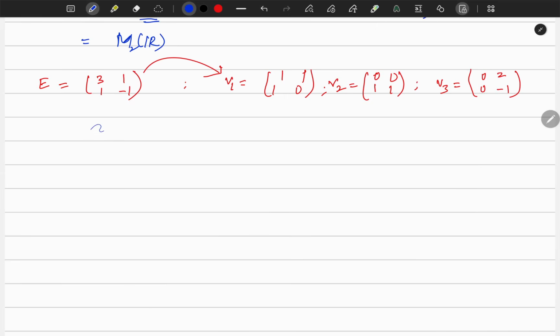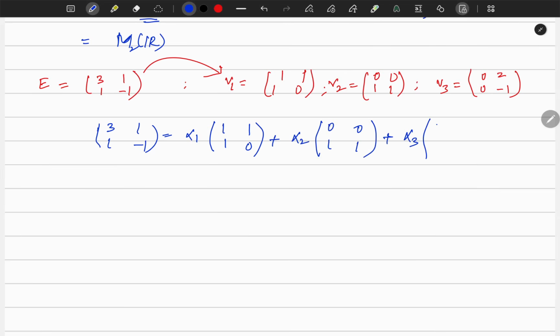You write E, that is 3 1 1 minus 1, as alpha 1 times 1 1 1 0, plus alpha 2 times 0 0 1 1, plus alpha 3 times 0 2 0 minus 1. So on the RHS what will you get?